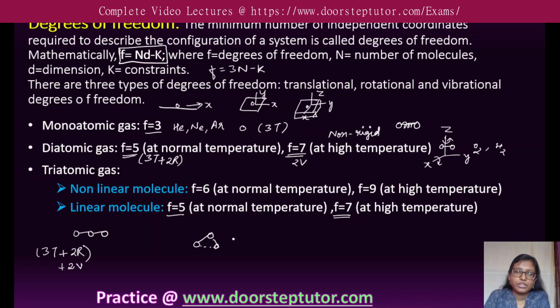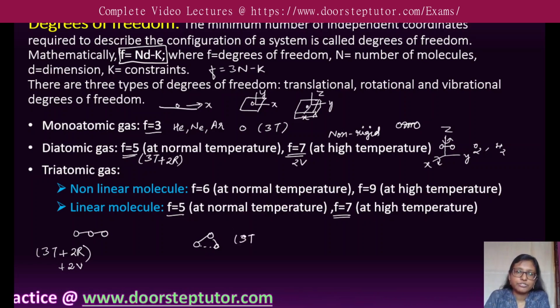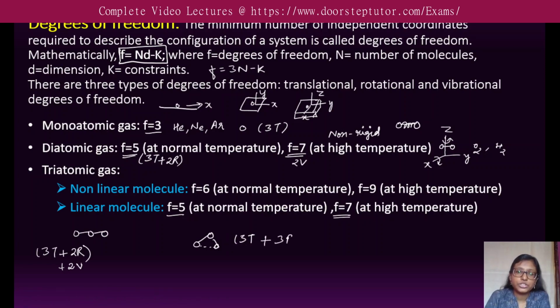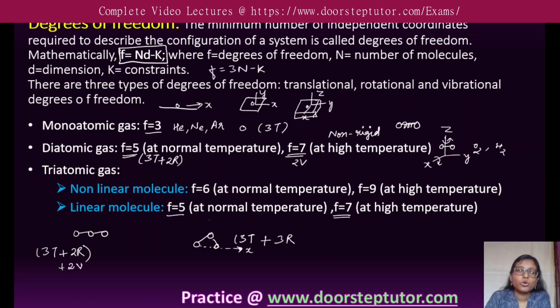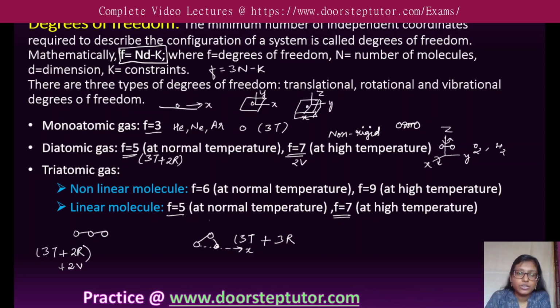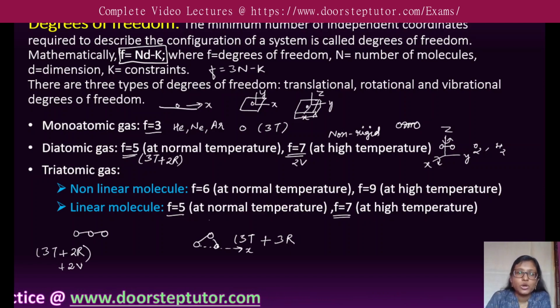Next, for a non-linear molecule, it will have 3 translational degrees of freedom, since it can move along all the 3 coordinates. Here, it will have 3 rotational degrees of freedom. Why? Because, say, we consider this axis, let's say this is the x-axis. Along this axis, these 2 atoms will not possess any moment of inertia, but this atom will possess the moment of inertia, so it can rotate.